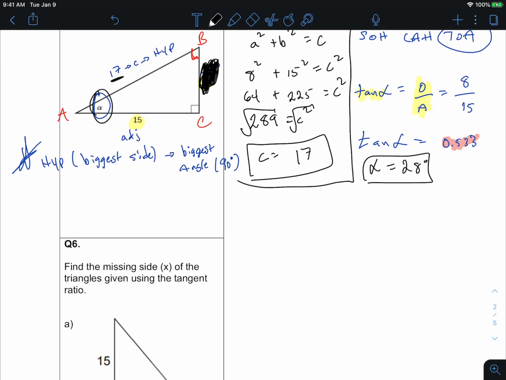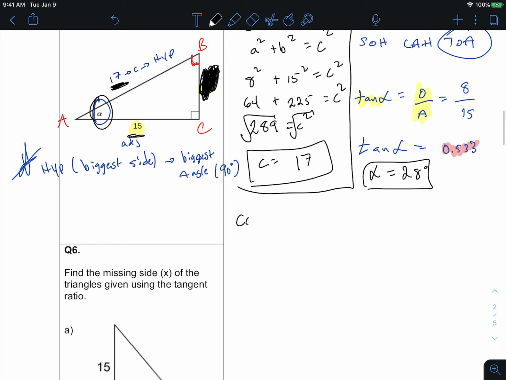I want you to tell me what alpha is using this piece of information with this one. So we have to find something with the A and H in it. What is that? Cosine. So I'm going to do cosine alpha is equal to A over H, which is going to be 15 over 17.